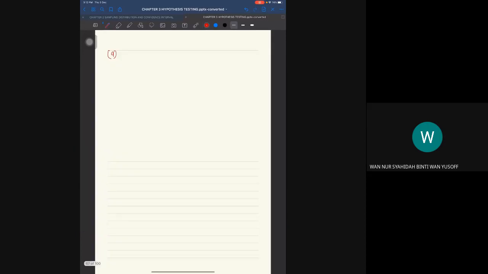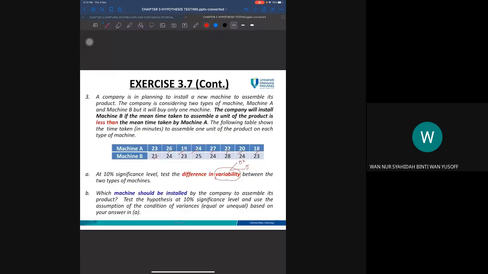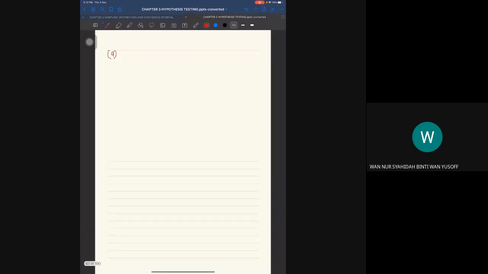Different means not equal. So what we have here is sigma A square not equal to sigma B square. Between the two types of machine, it is up to you. You can write A first and then B, or B first and then A. So you have this hypothesis.